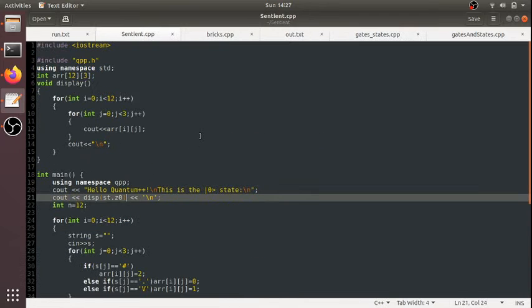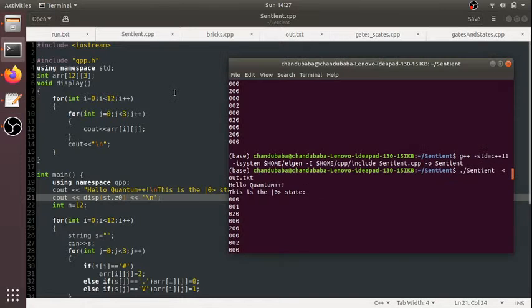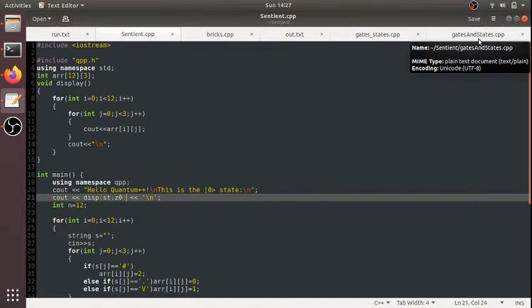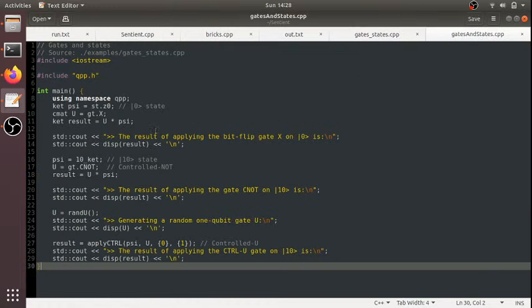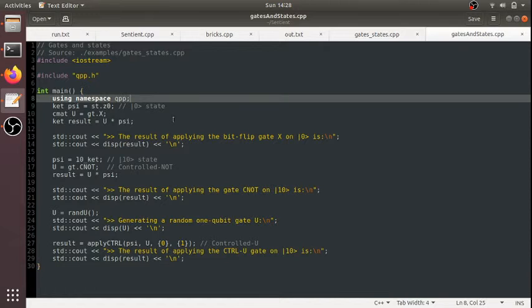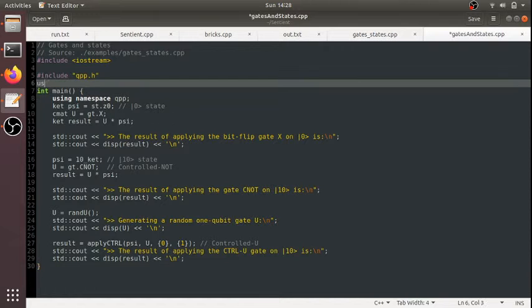Sentient. I need to display this. Let me write display state 0. I want to display this state 0. Where is it? This one. So using namespace std.